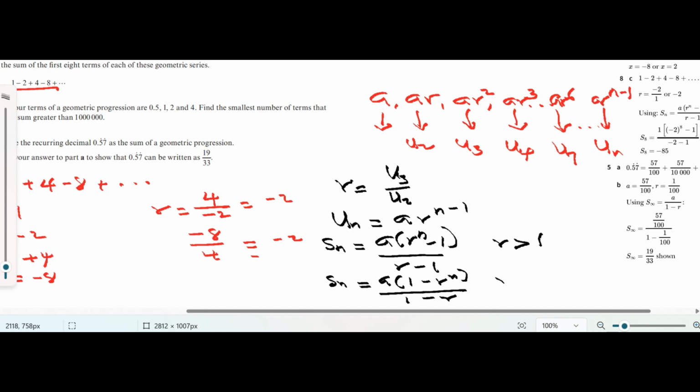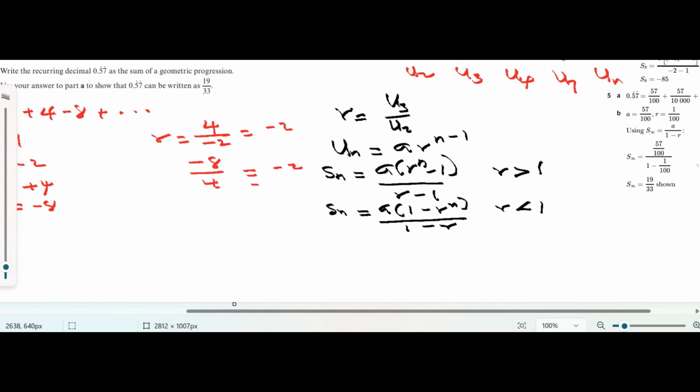And here, R less than 1. You can also ask to calculate the sum to infinity of a common geometric progression.